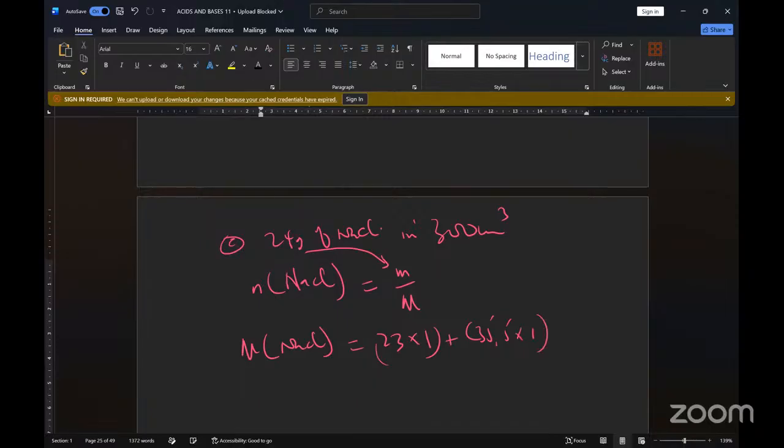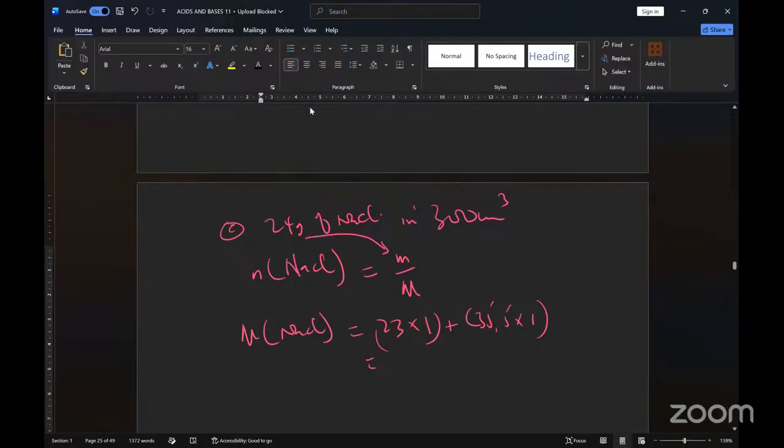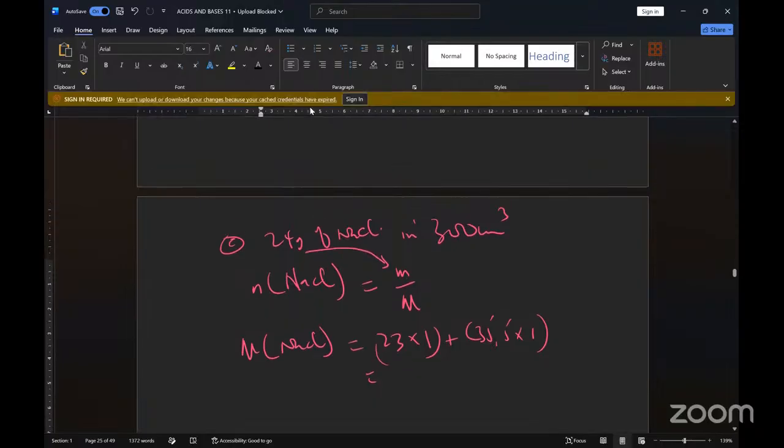So 23 plus 35.5 gives you 58.5 grams per mole.